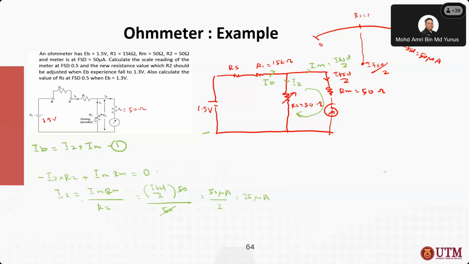And from equation 1, IB is equivalent to I2 plus IM, which is 25 microampere plus 25 microampere, which is 50 microampere. So we get IB is 50 microampere.